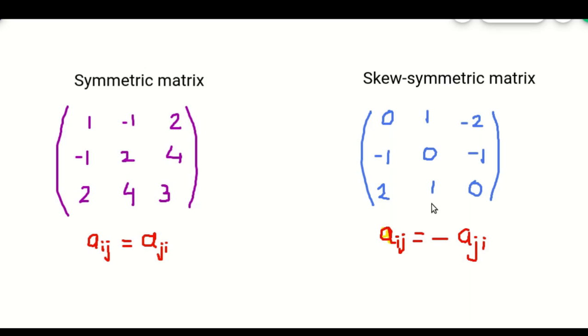To satisfy this condition, the diagonal element must be equal to 0, because A11 is minus A11, and any element that satisfies A is equal to minus A has to equal 0. Any other number cannot satisfy this property, and therefore all the numbers on the diagonal of a skew-symmetric matrix are always 0.